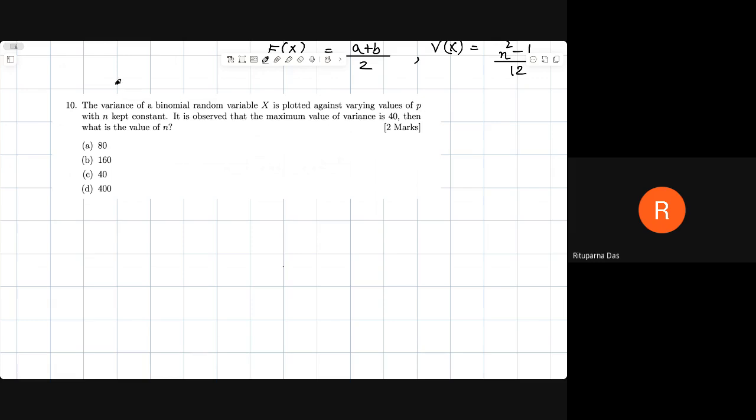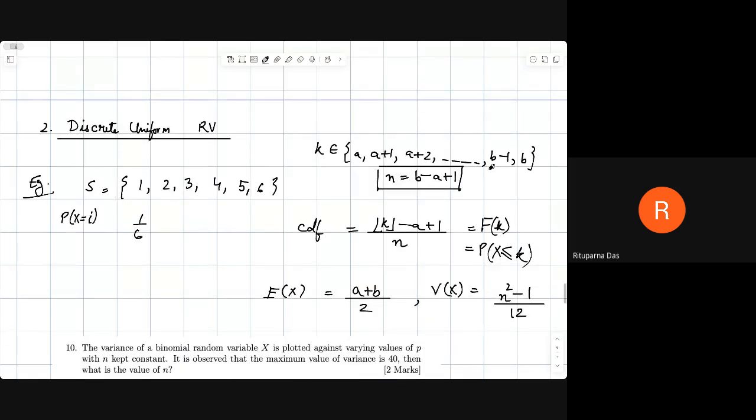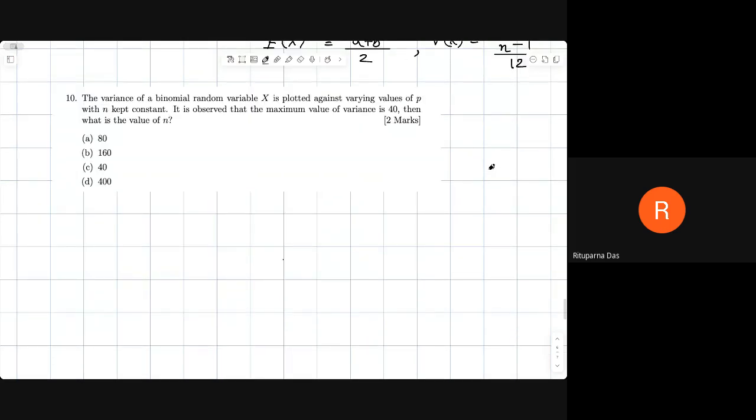So for binomial random variable, we saw that expectation. Okay, we haven't seen binomial, we are doing binomial right now. So binomial, basically, is k successes in n draws with replacement.